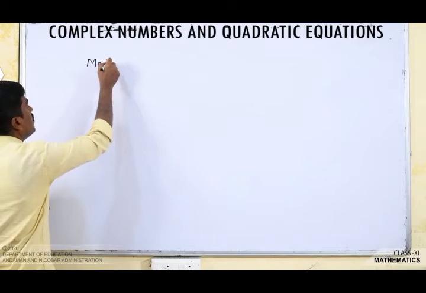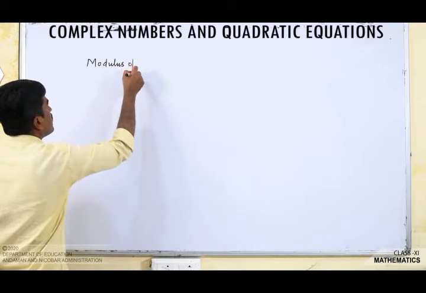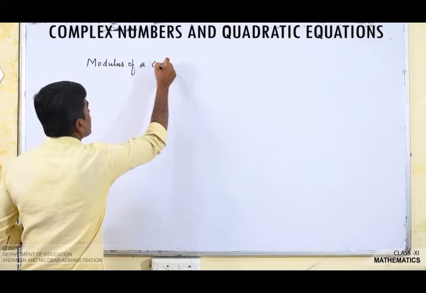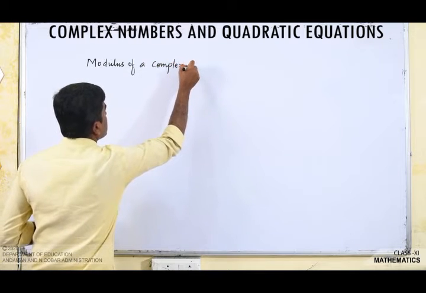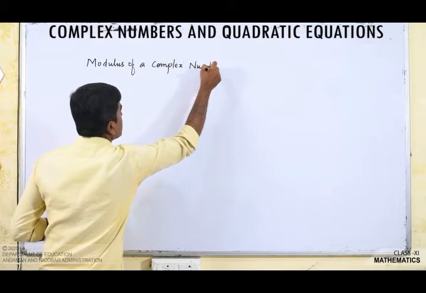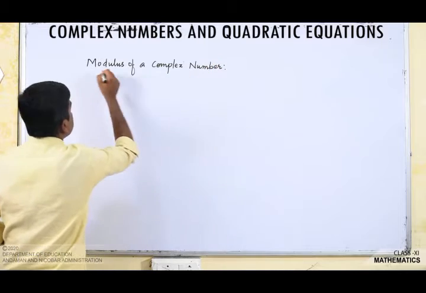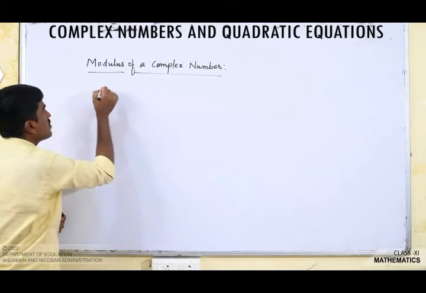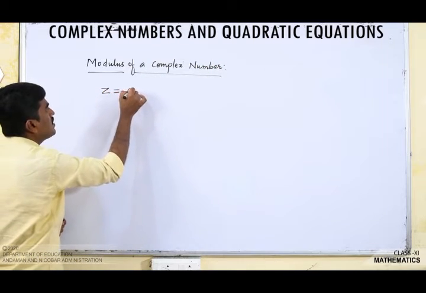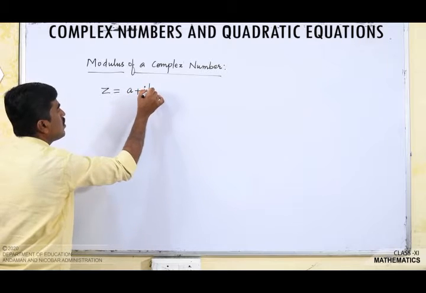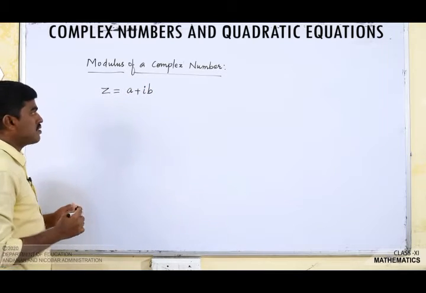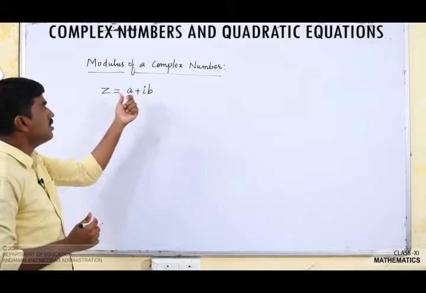Modulus of a complex number. Suppose z is equal to a plus ib be a complex number, which is the standard form of a complex number.